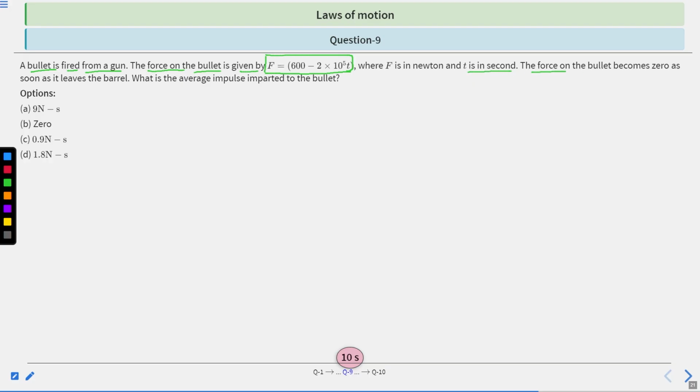The force on the bullet becomes 0 as soon as it leaves the barrel. What is the average impulse imparted to the bullet? Option A is 9 Newton second, then 0.9 Newton second, 1.8 Newton second. Which one is correct? You have 10 seconds to solve this question. After that, we will provide the solution.